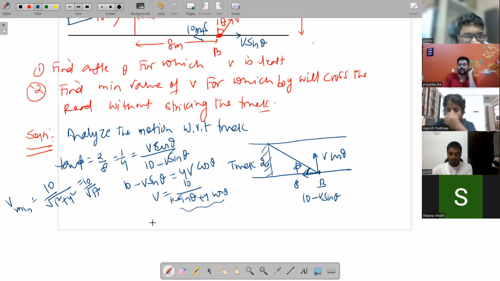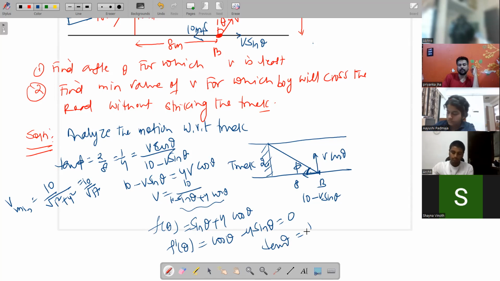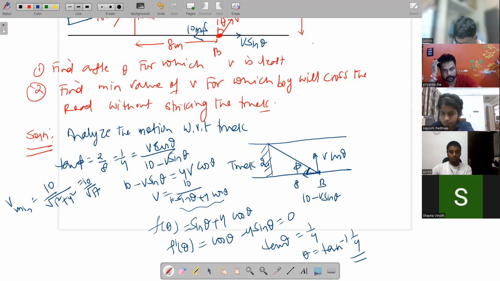So this is your function of theta. You have to find the angle theta for which V is least. So for what value of theta will V be minimum? Just differentiate this: cos theta minus 4 sin theta, and equate it to 0. You will get tan theta equal to 1 by 4. So theta is tan inverse 1 by 4. This is the angle for which V will be minimum.